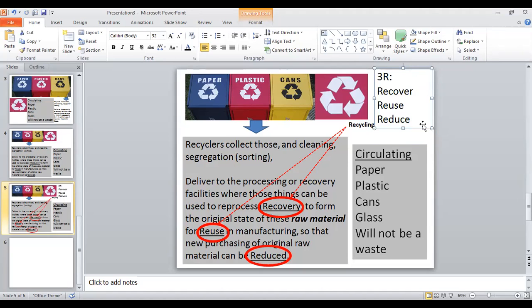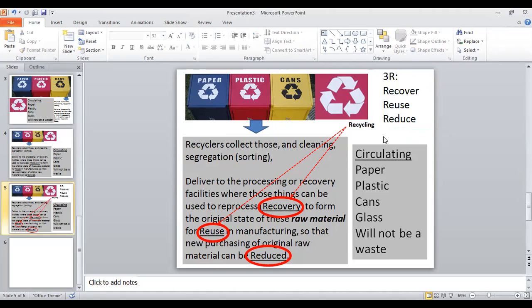Oh, can this be reduce, reuse, recycle? So, reduce, reuse, recycle. Yes, in recycling, recovery is important. Okay? Maybe reduce, reuse, recycle. So we have to make sure that somehow I will put 4 R.